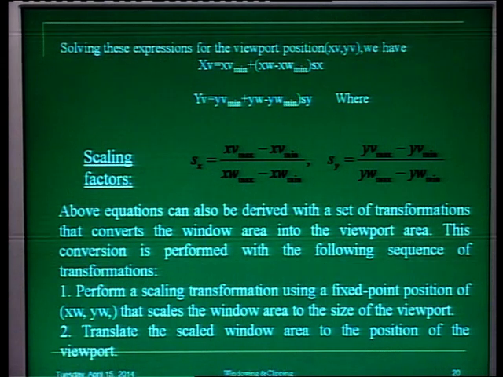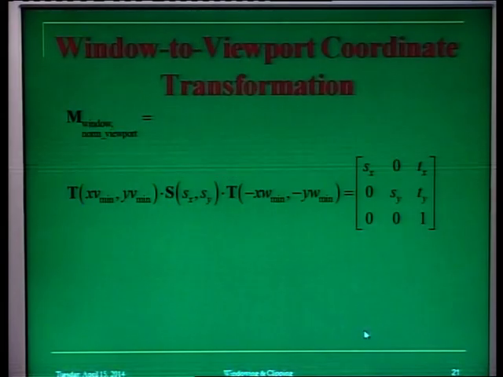We will scale the size of the window with the fixed point position so that it is in proportion to the size of the viewport. After that, we will translate the scaled window area to the position of the viewport. These are the two transformations combined. In the combined form, it will become like this.